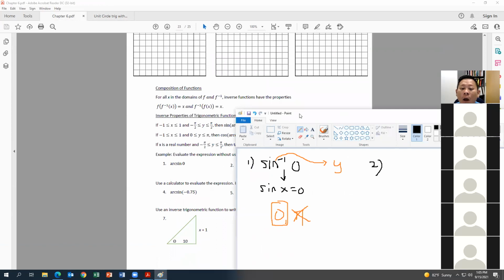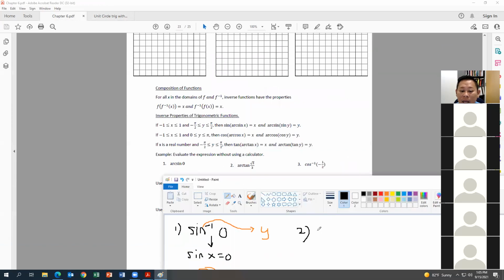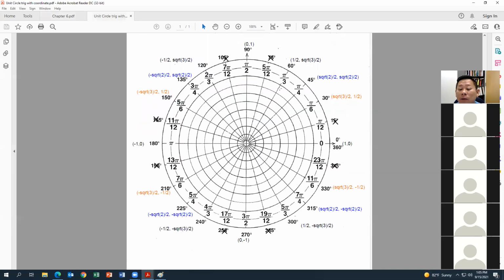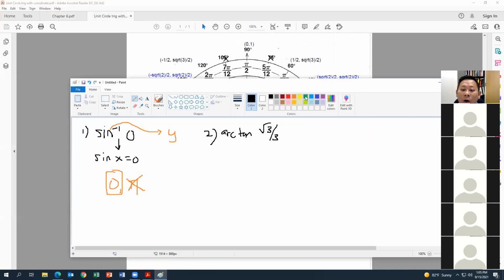Okay. Next one we have is arctangent of √3/3. Again, we look at your unit circles. If you look at the unit circle, they all have over 2, right? So what you do here is you just add over 2 to it.